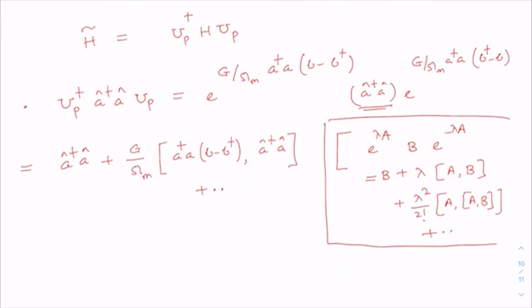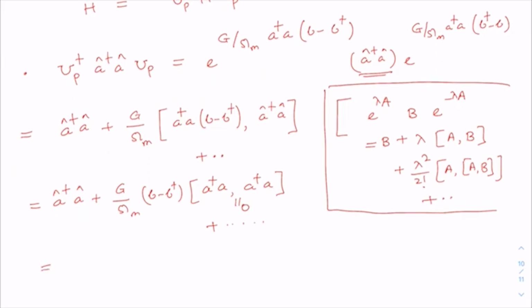Now as you can see, I can take (b minus b†) outside, and then I have the commutator of a†a with a†a, which is equal to 0. Because this second term vanishes, all other terms will vanish and we will be left with only a†a.